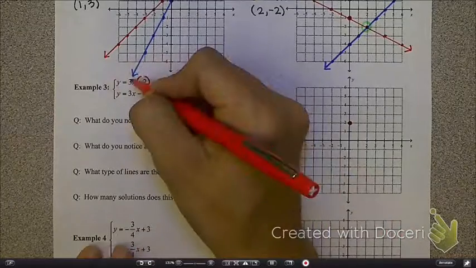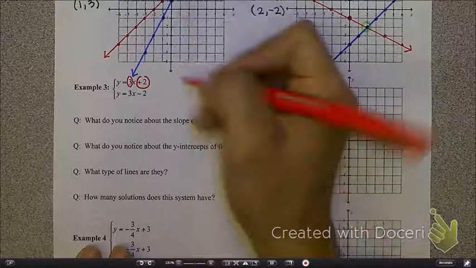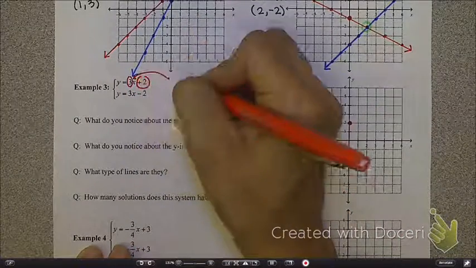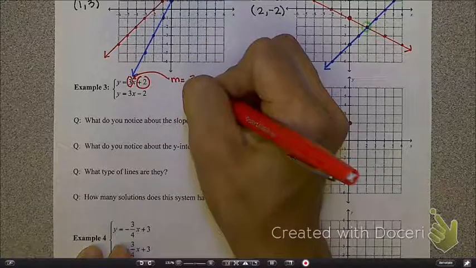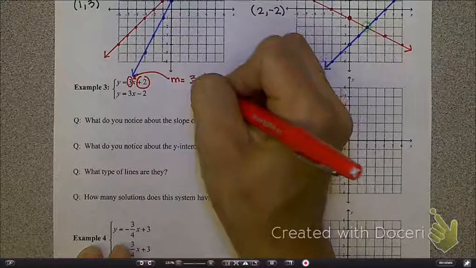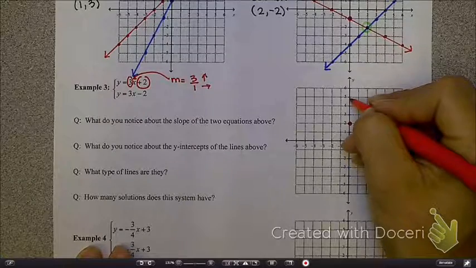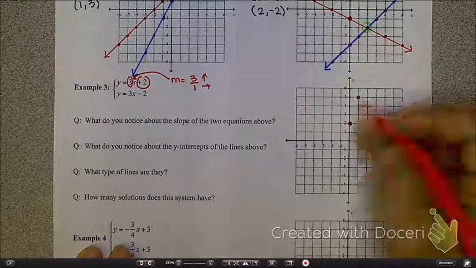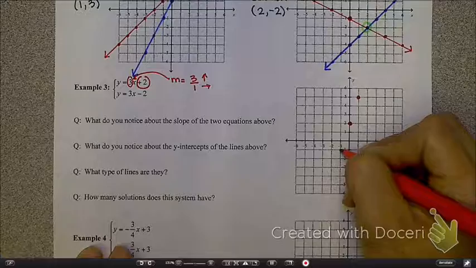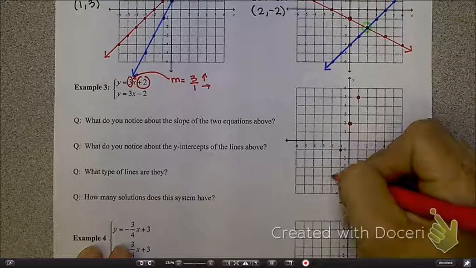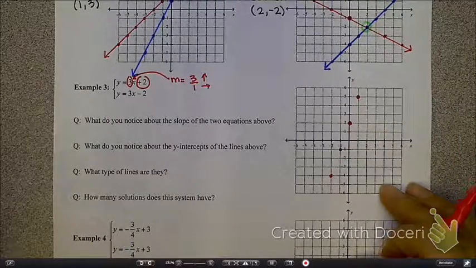Now, let's take a look at the slope. The slope is 3. So if this slope is 3, that means rise 3, run 1. Now, I can do the reverse to get some more points, going down 3 to the left 1. And there's my first line.